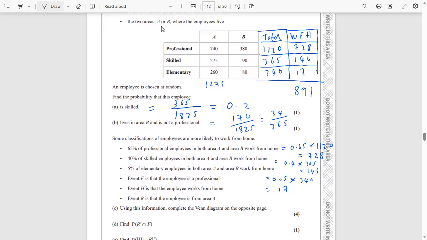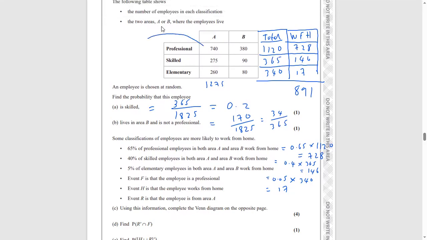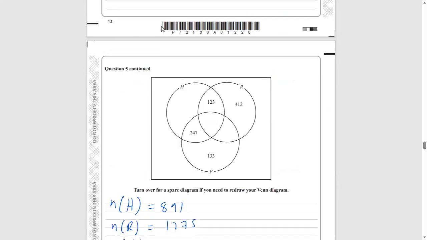So that means that 65% of this 740 that live in area A work from home. So we're going to do 740 times 0.65. That's going to give us 481 people who are professional from area A and work from home. So in the middle, we've got to have 481.